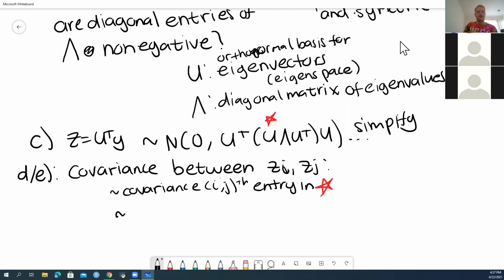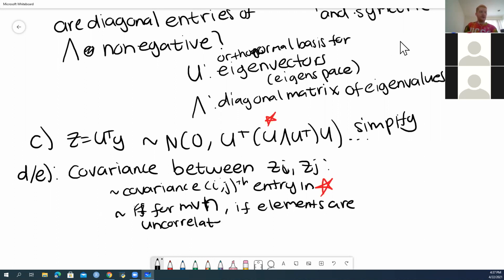And then the other thing is that for multivariate normal, if elements are uncorrelated, they're independent. This is not usually the case.